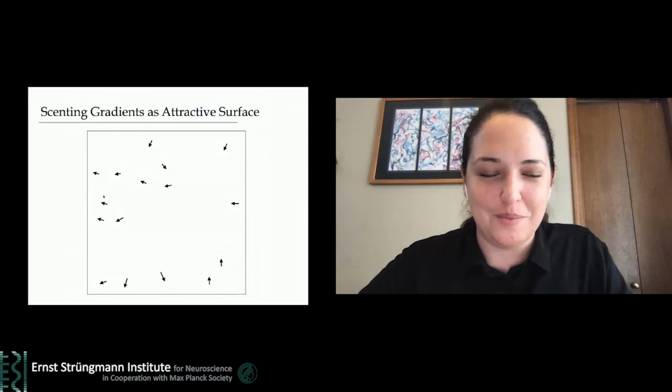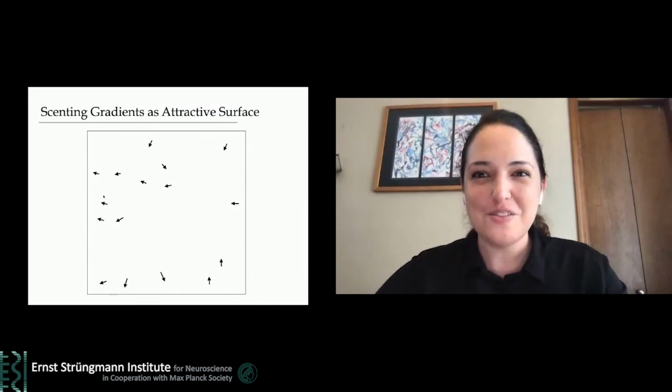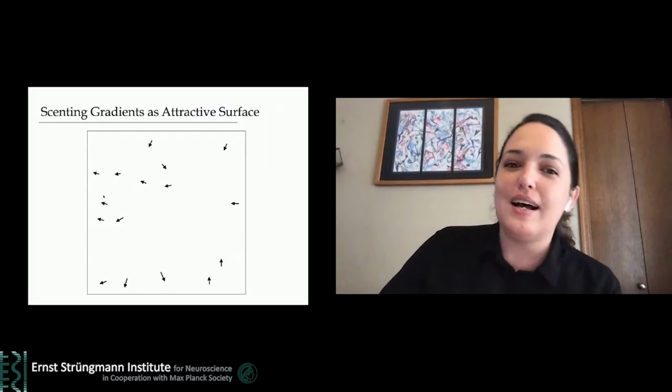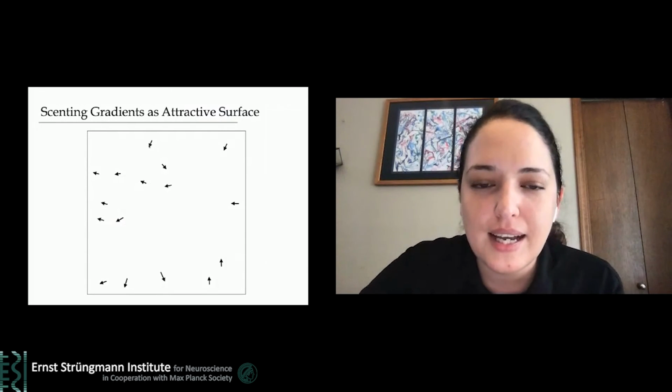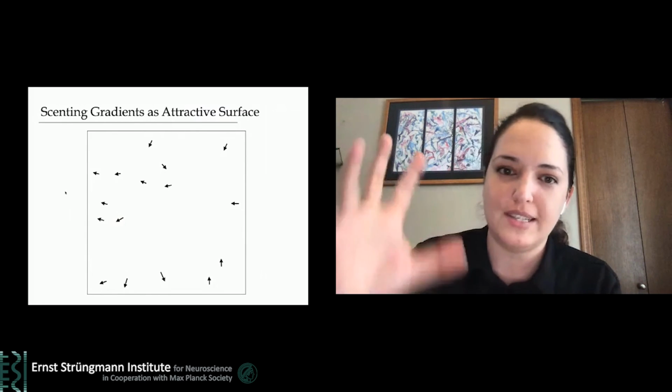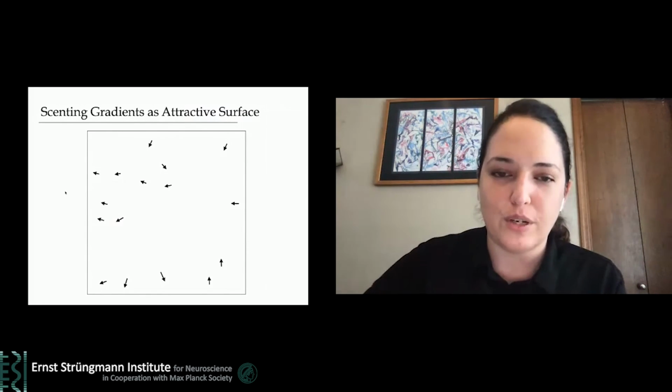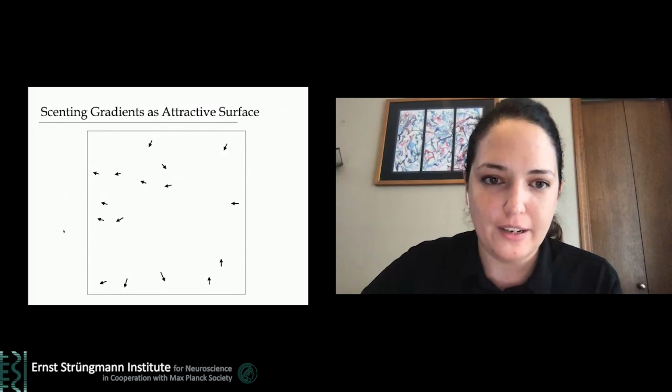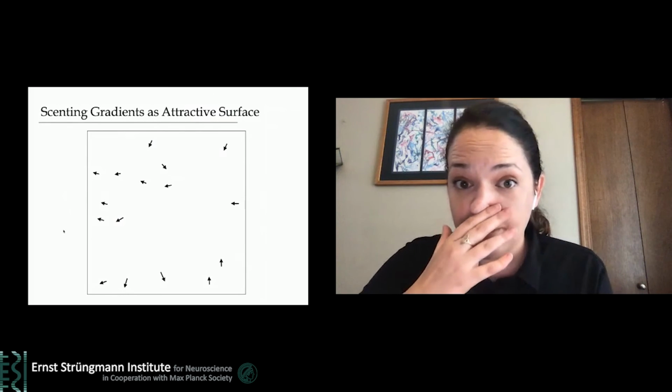The answer I'll show you in a few slides, but to try to answer that question, we took all of these scenting events. Here I'm just showing you an illustration: let's say that this is one frame from our movie, and all of these black arrows are the directions in which the bees are scenting.